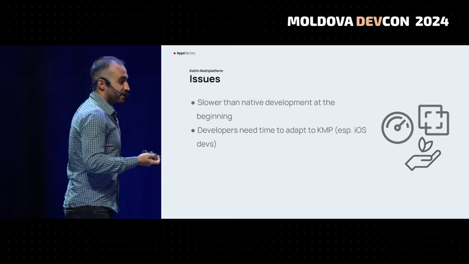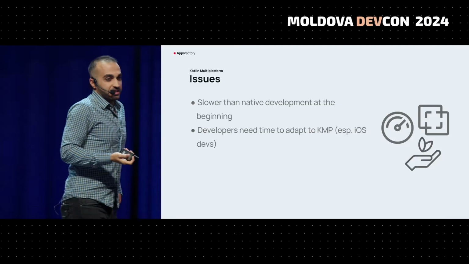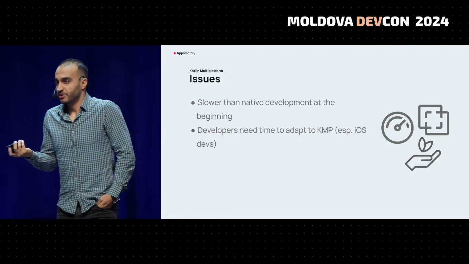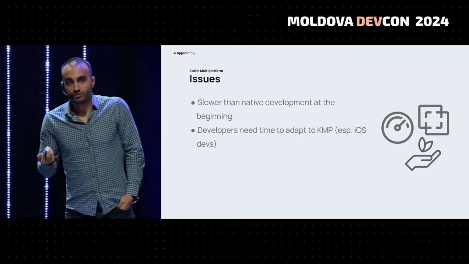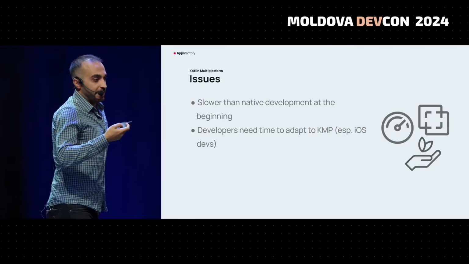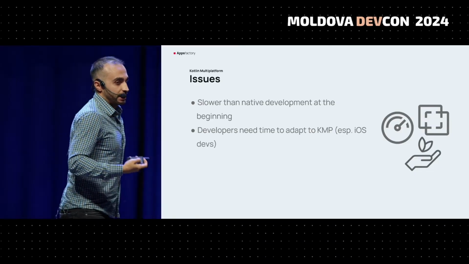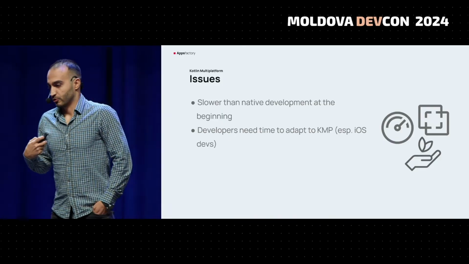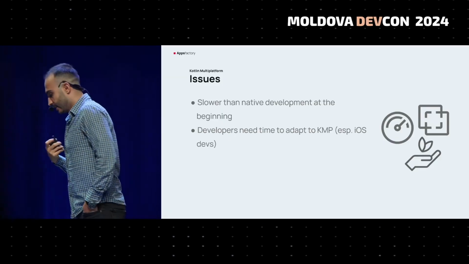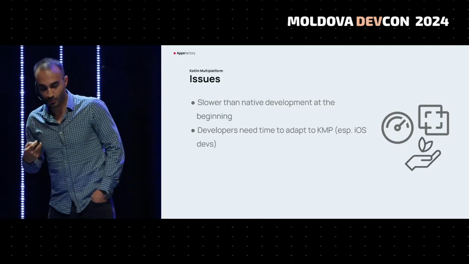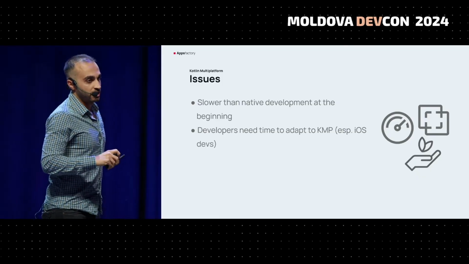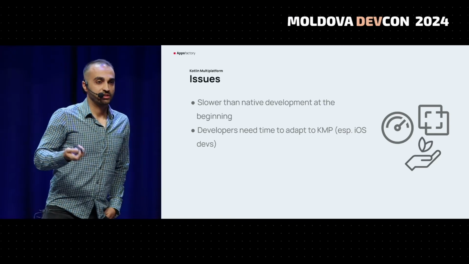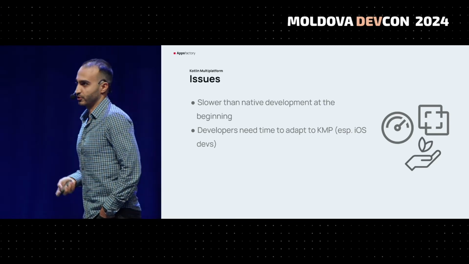But iOS devs don't know about anything, for example, Kotlin coroutines or flows or suspend functions, so they need to adapt themselves beforehand to start the project. And at Apps Factory, we had KMP workshops for our developers to prepare them for this new technology before we started the project.